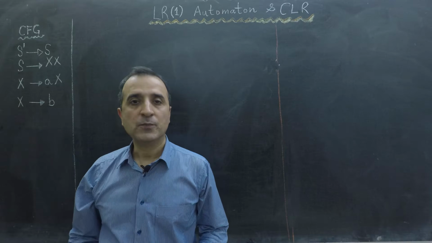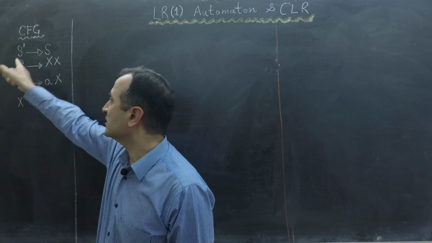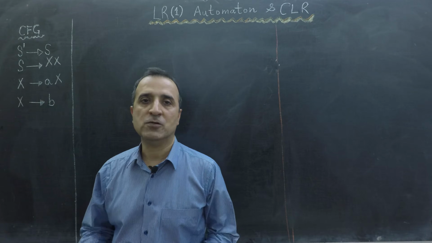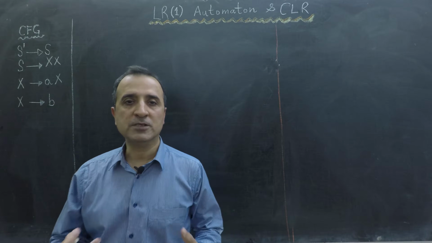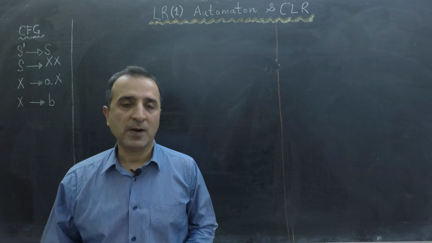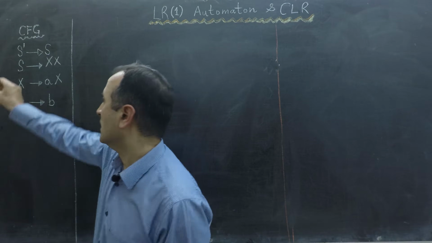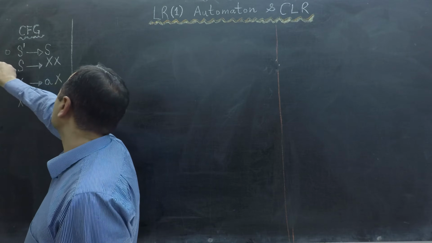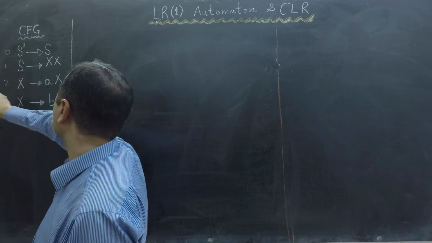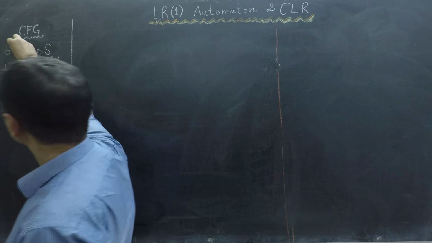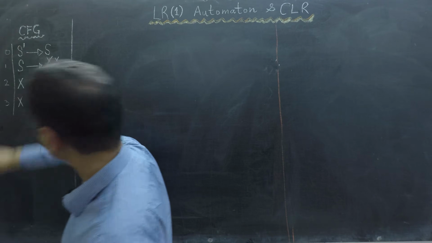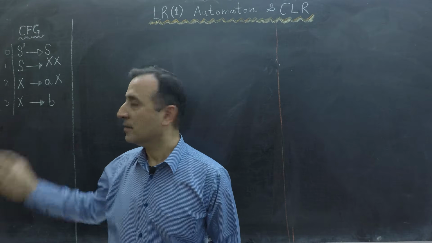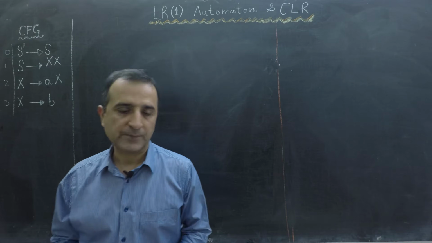We should also number the productions of this context-free grammar, because these numbers will be useful to add reduce instructions in our parsing table. So I number this as 0 production, this as first production, second production and third production. So now our grammar is augmented and its productions are numbered.